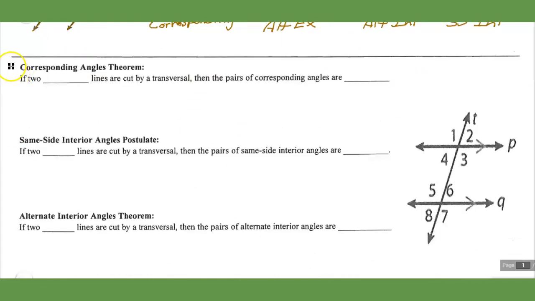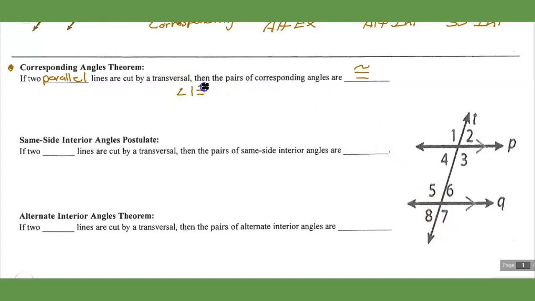So for corresponding, if two parallel lines are cut by a transversal, then pairs of corresponding angles are congruent. So 1 and 5 are congruent, 4 and 8 are congruent, 2 and 6 are congruent, and 3 and 7 are congruent.